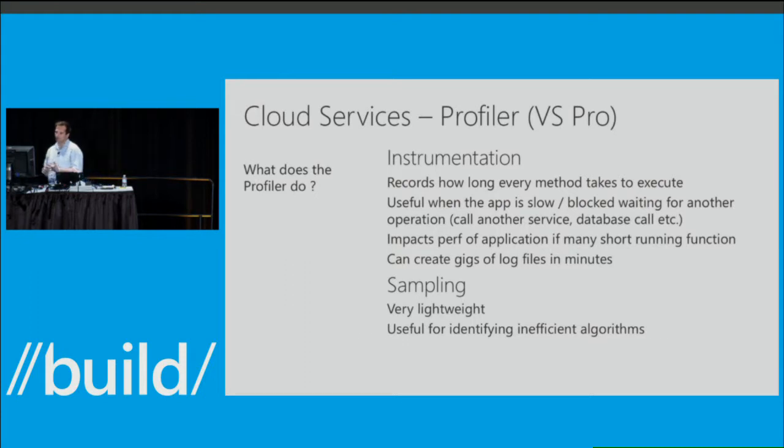And the problem is, as it records everything, if you let that thing run for a while, it can really produce a lot of logs, right? You need to keep that in mind. Then sampling, on the other hand, is very lightweight. It's very useful for identifying inefficient algorithms.